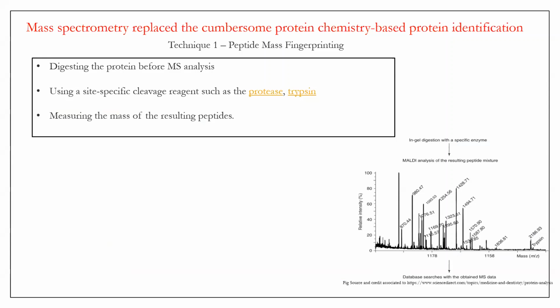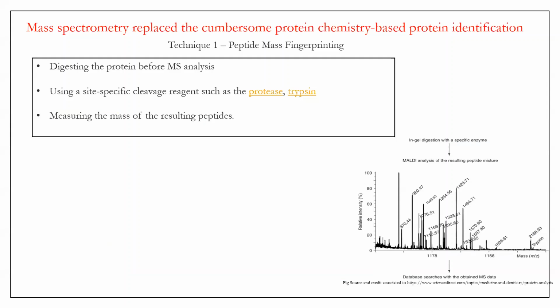Okay, so what normally is done in mass spectroscopy, technique 1, I'm talking about technique 1. In technique 1, as I have told you, we can take a part of our 2D gel and digest it with specific enzymes, endoproteases.